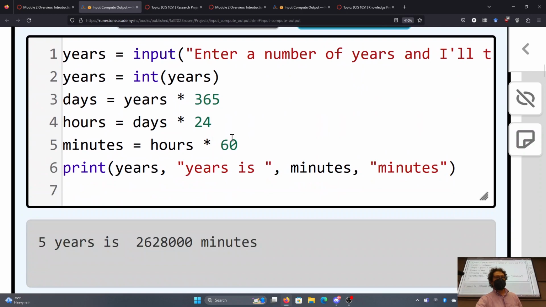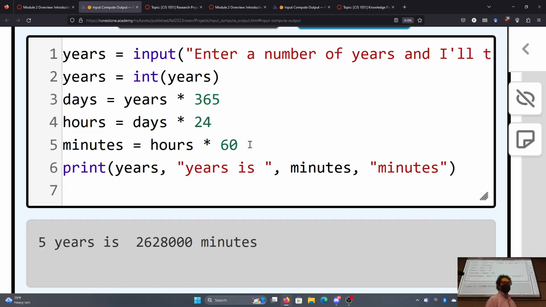So now let's take a minute, and instead of doing this from years to minutes, try years to seconds. All right? Try going from years to seconds. So you can add on to this code. You don't have to start from scratch.